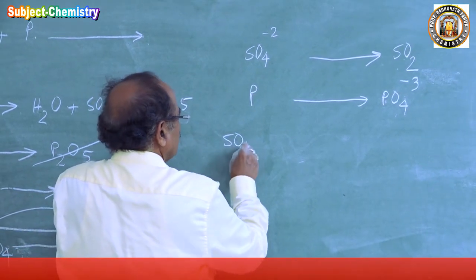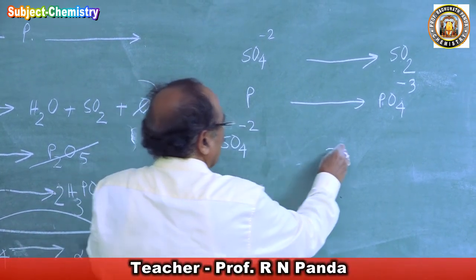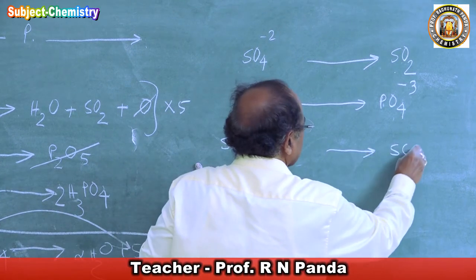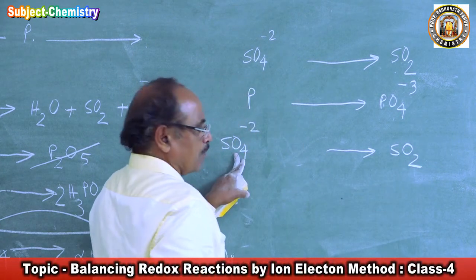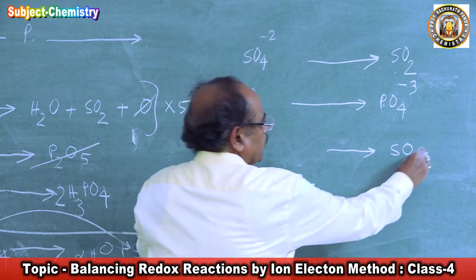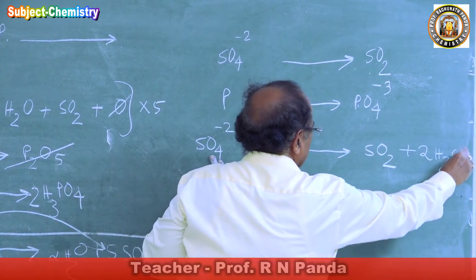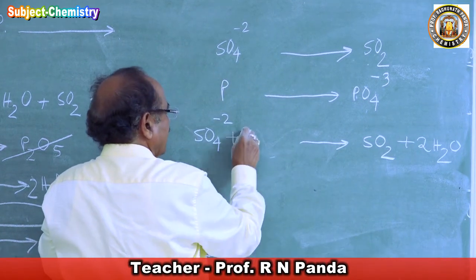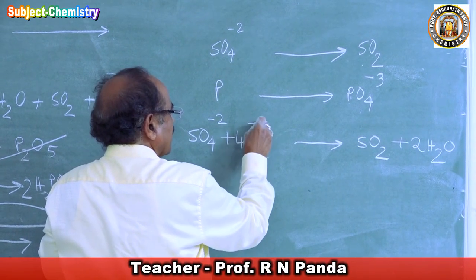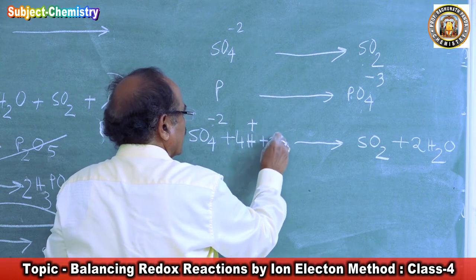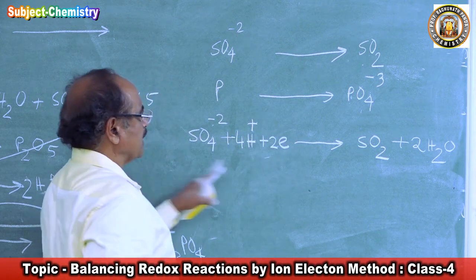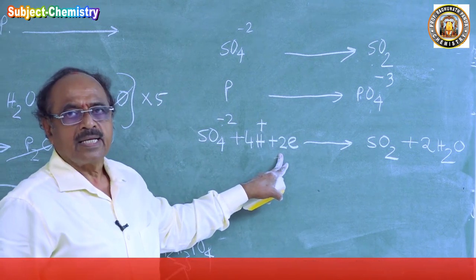Sulfate minus 2 is forming sulfur dioxide. So how many oxygen here? 4 oxygen. So we'll add 2 water molecules on the other side. So we have 4 hydrogen; I will add 4H plus on this side. And to balance the charges, I will add 2 electrons. So this equation tells me what?